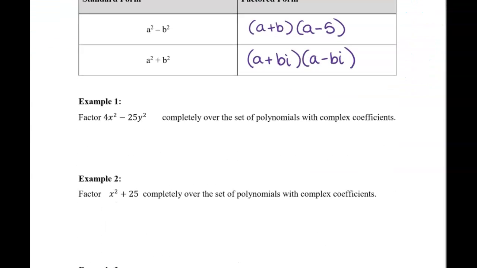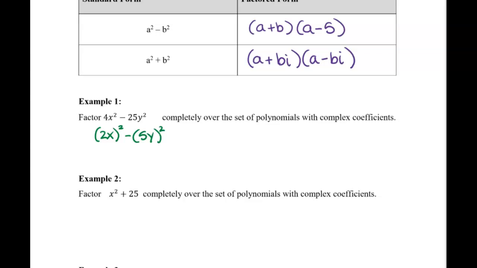So we're just going to do examples. 4x squared minus 25y squared. We're going to factor completely. I see a minus, and I can rewrite this as 2x in parentheses squared, because 2 squared is 4, x squared is x squared, minus 5y in parentheses squared.